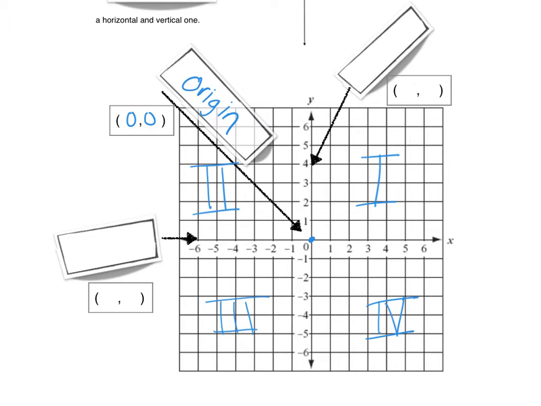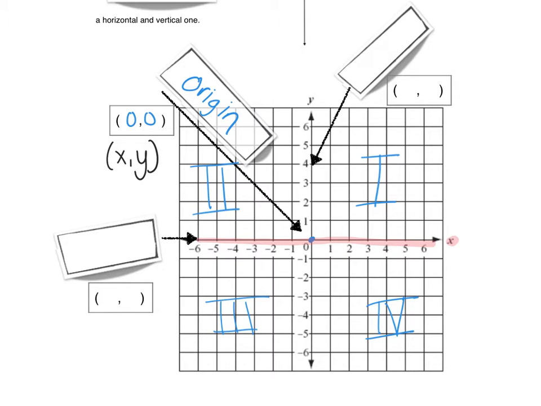And we plot it as 0, 0 because all coordinates in a coordinate plane are represented. They're also called ordered pairs. They are all in the form x, y. So notice that we have this axis right here. We have this axis, the horizontal axis, the one that goes across from left to right.